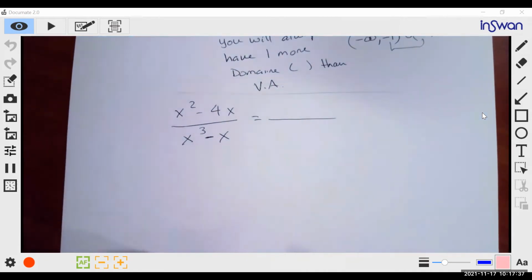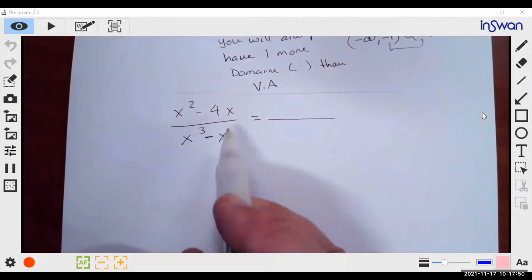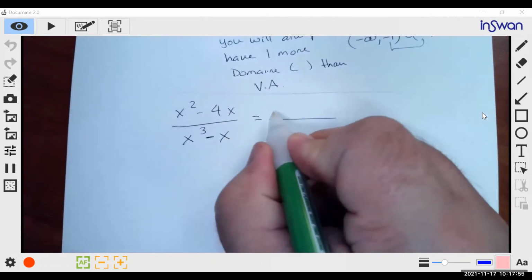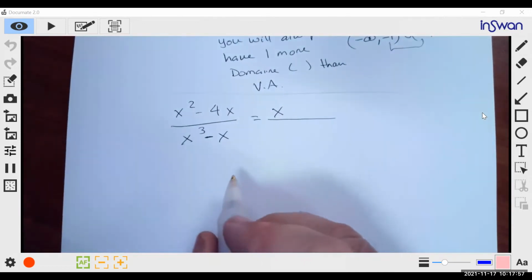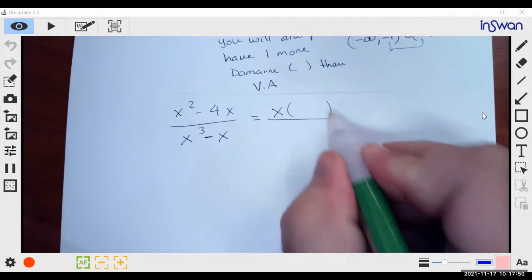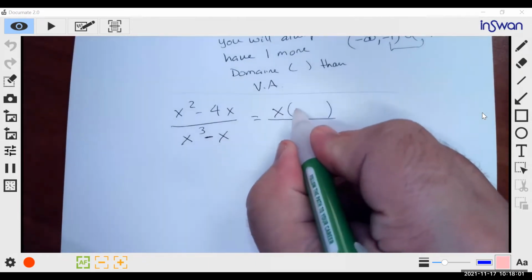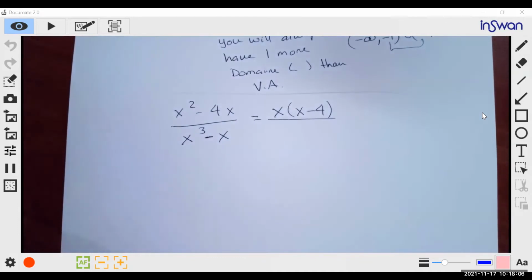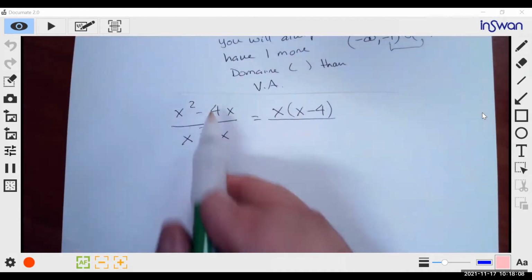So if we factor the top, what do we get? What do they have in common? They both have an x. There's only 2 terms, so we see what they have in common. We take out an x, what do we have left? We only took out 1 x, so we have x minus 4 left.